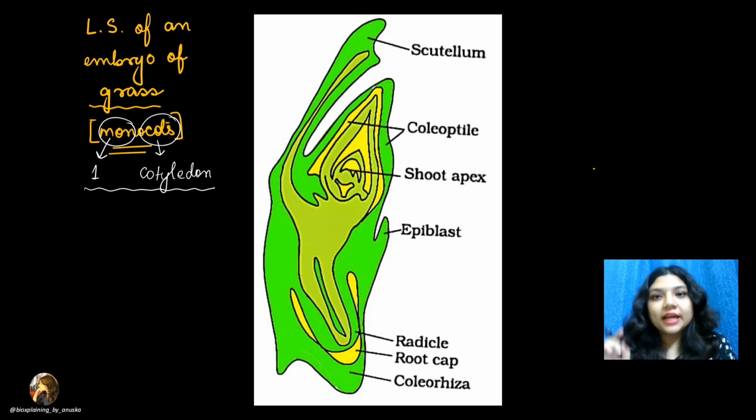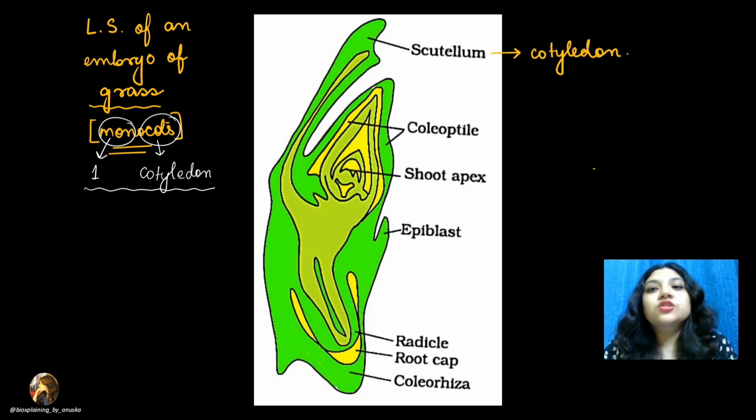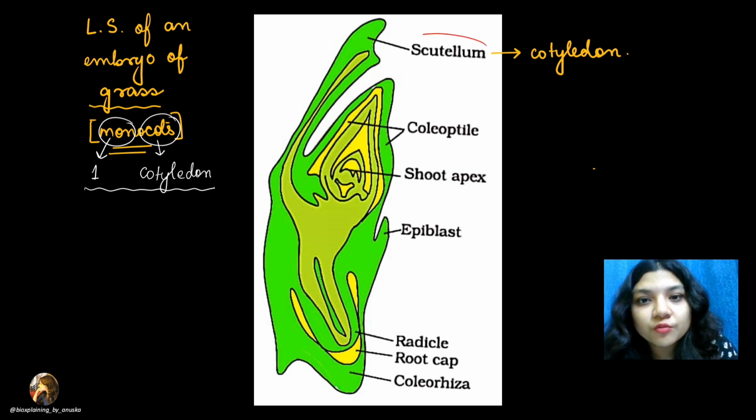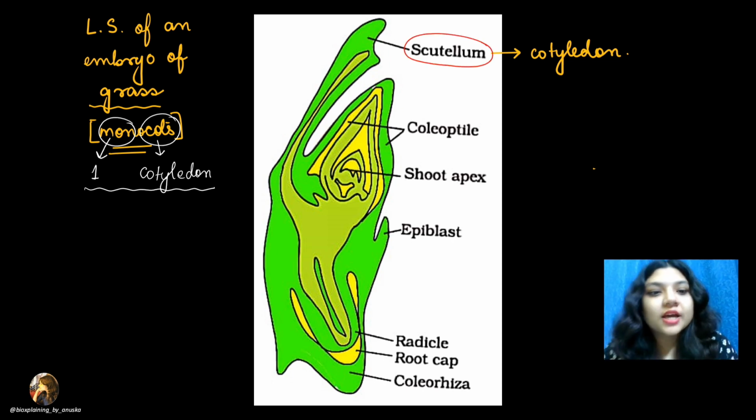And this cotyledon is known as the scutellum. So the cotyledon in case of monocot, in case of grass, is known as the scutellum. Where is it situated? It is situated towards one side, the lateral side of the embryonal axis.